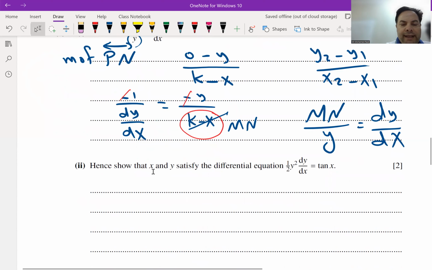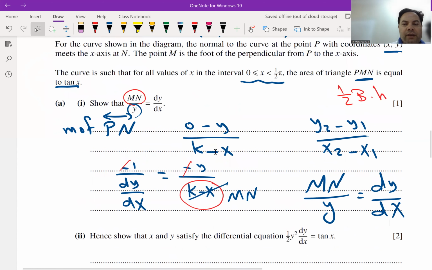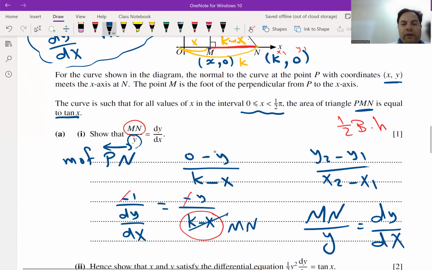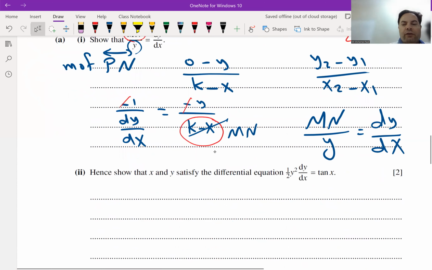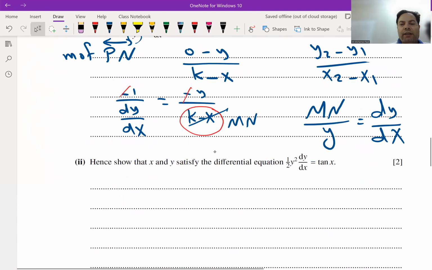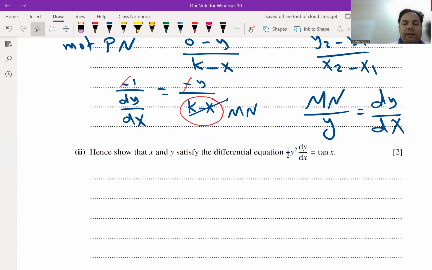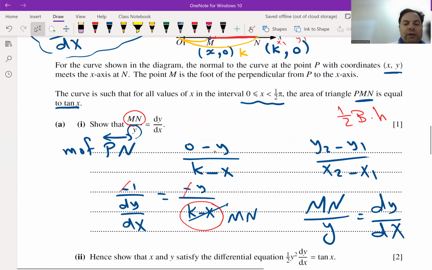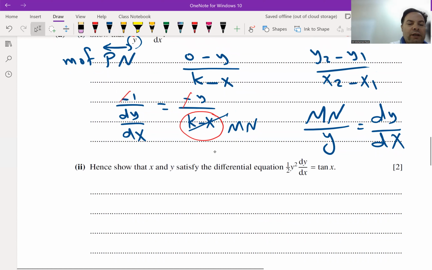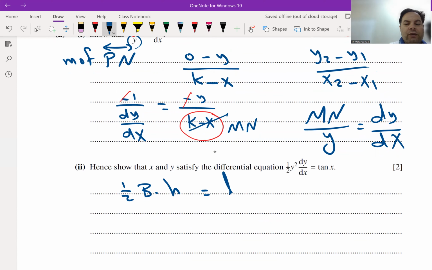Hence, show that x and y satisfy the differential equation y squared dy by dx equals 10 tan x. There is another piece of information given, about the area of the triangle. I will get the area of the triangle by using half base into height and equate it with the area given. The area of the triangle is equal to half base into height, which is equal to 10 tan x, given in the question.